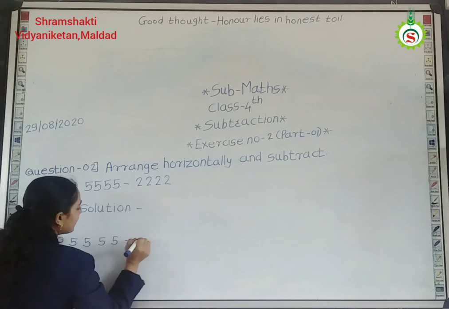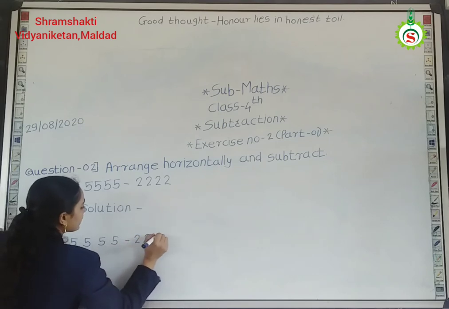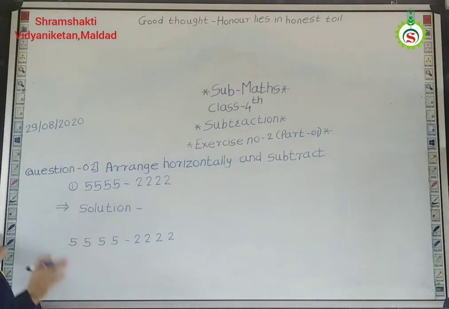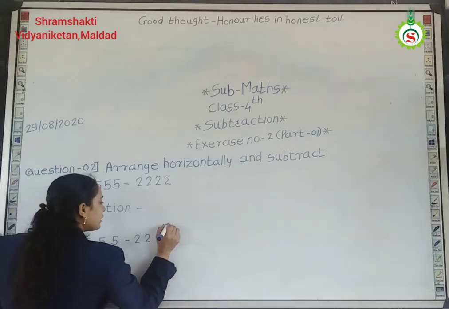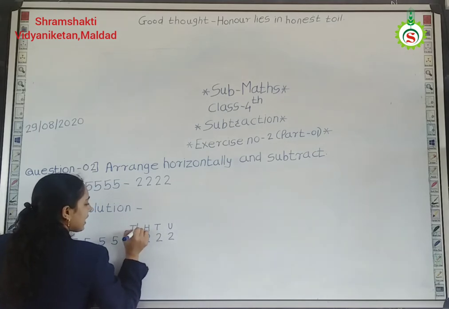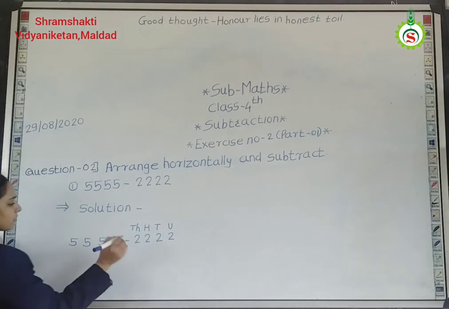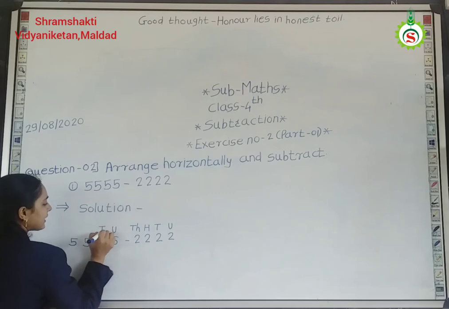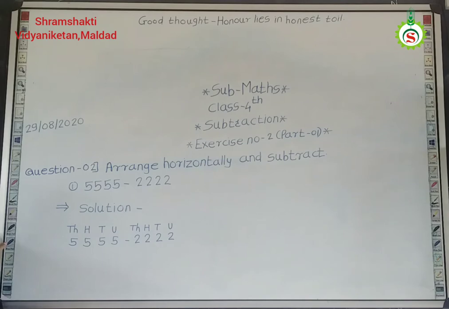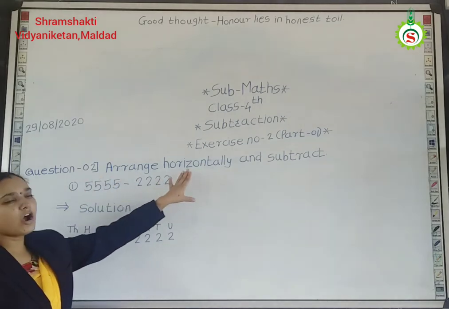5555 minus 2222. Then give places: units, tens, hundreds, thousands. Next, units, tens, hundreds, thousands. We have to solve this example horizontally.